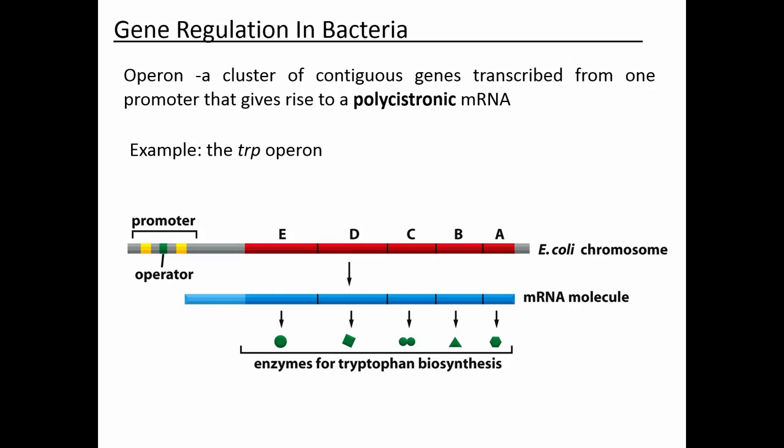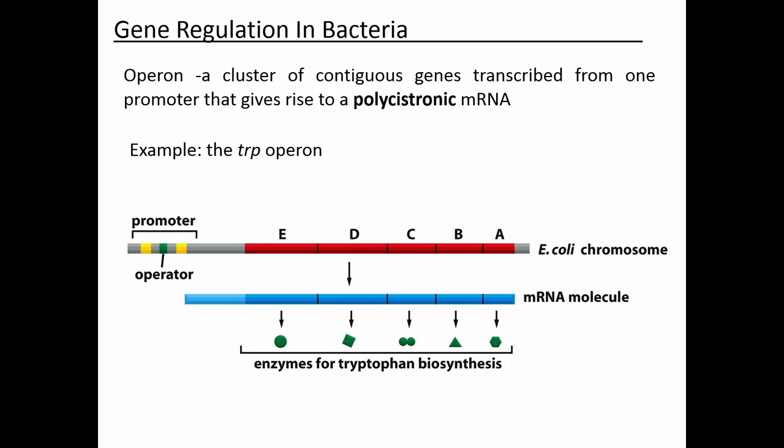In terms of what it consists of, an operon is going to consist of a promoter, and these are all segments of DNA. You already know what a promoter is and what it does. Then you're going to have an operator, which is also a segment of DNA, and is an example of a regulatory segment of DNA.